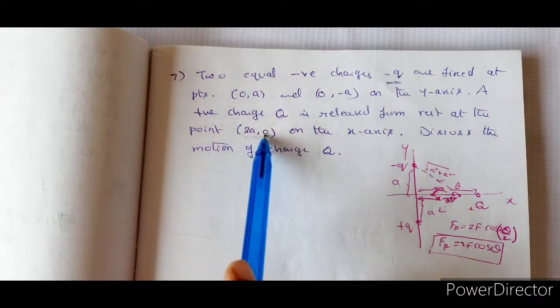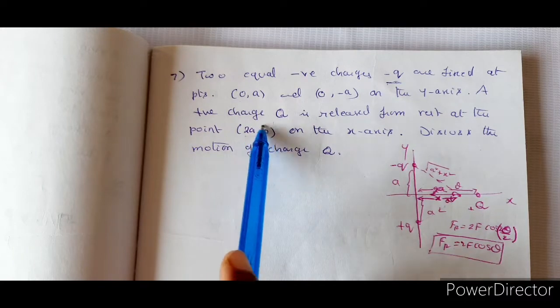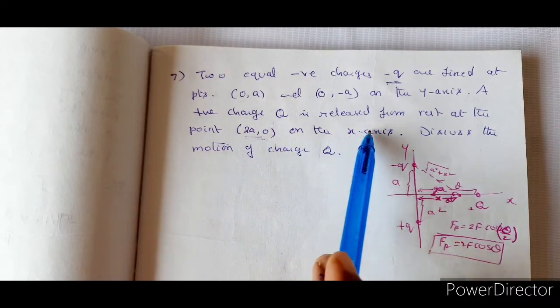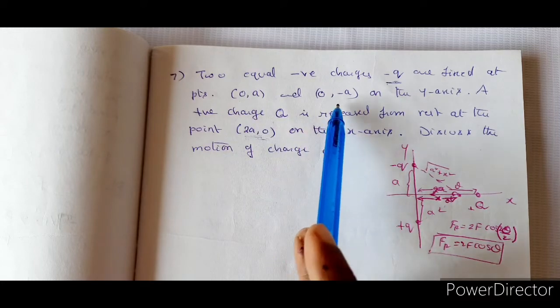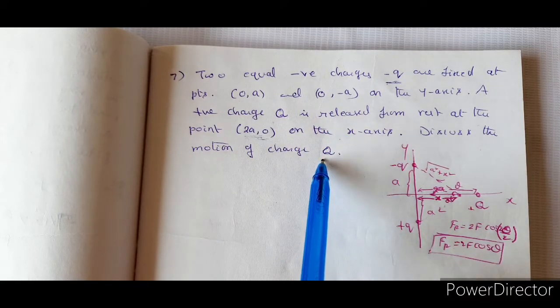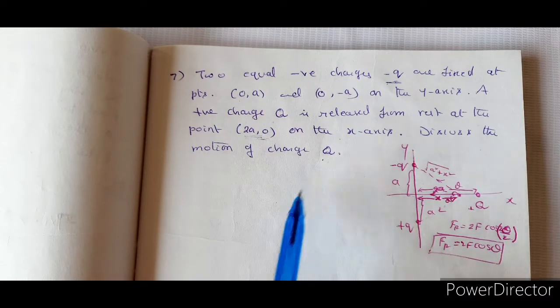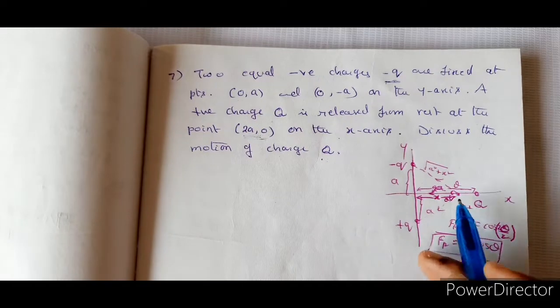That means the motion will be perpendicular to the line joining the 2 negative charges. Now discuss the motion of the charge. Very simple, very direct, but you should know how to relate this with simple harmonic motion. Clear, students? Let us see.